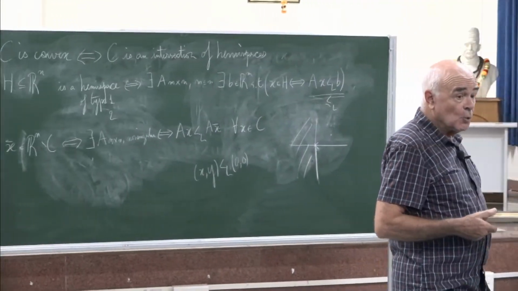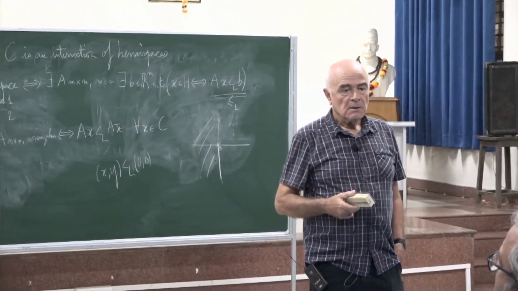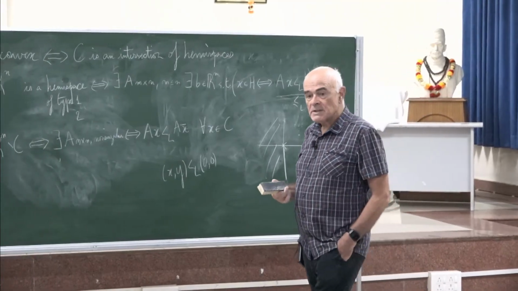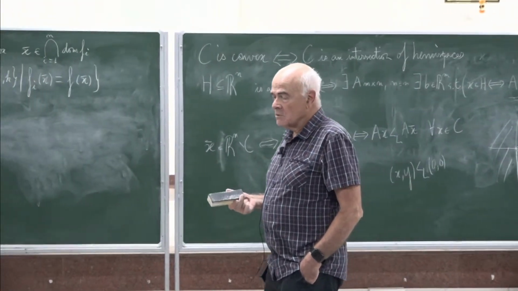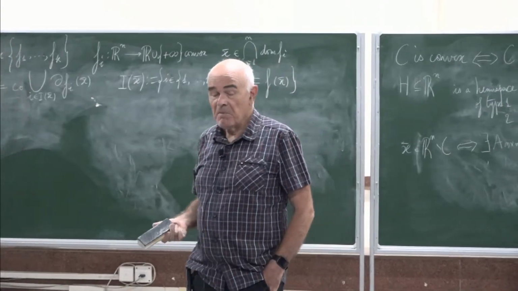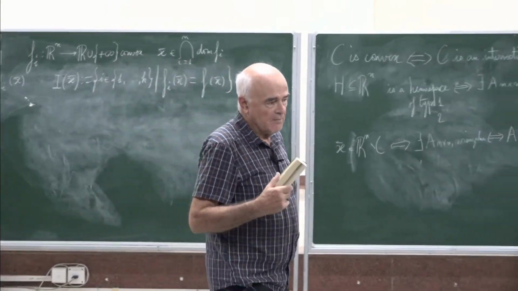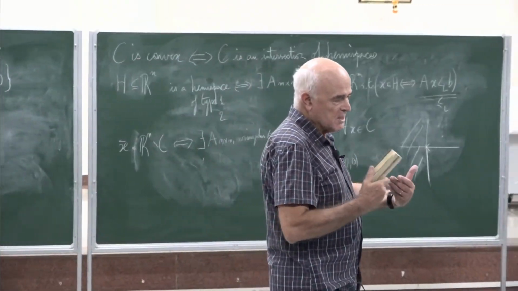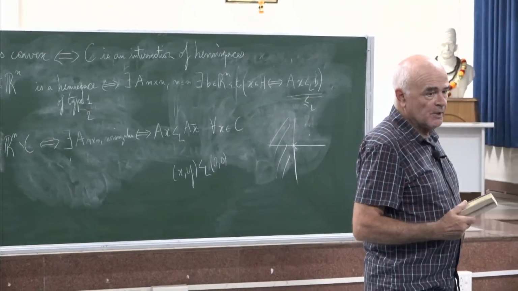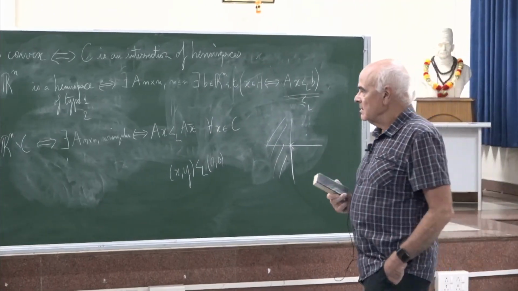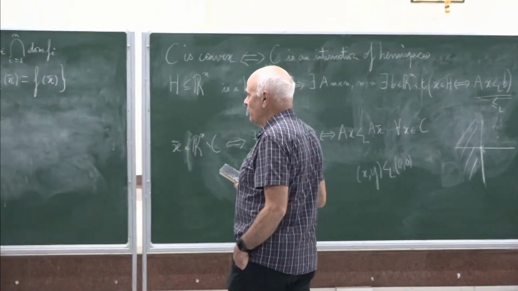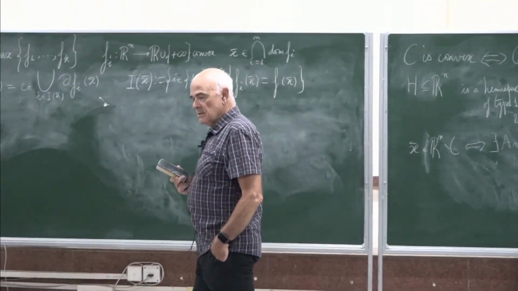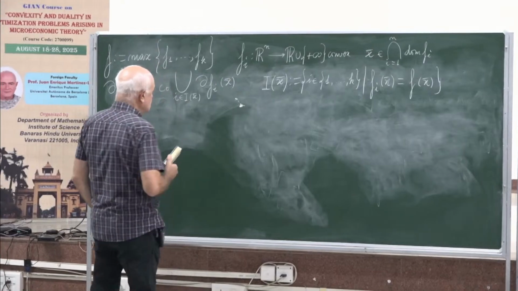There is Lionel Thibault, who is the editor-in-chief, or co-editor-in-chief, but he's the main editor-in-chief, I think, the one who is working more actively, of the Journal of Convex Analysis. So a very important place for convexity.